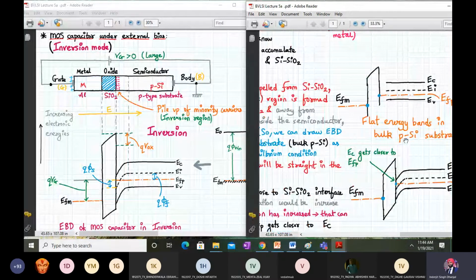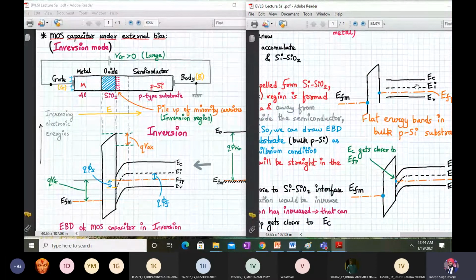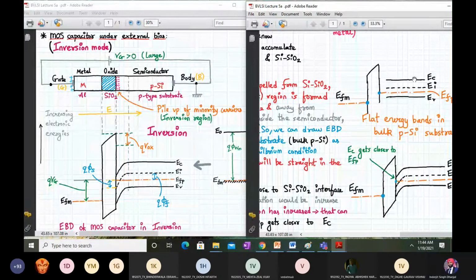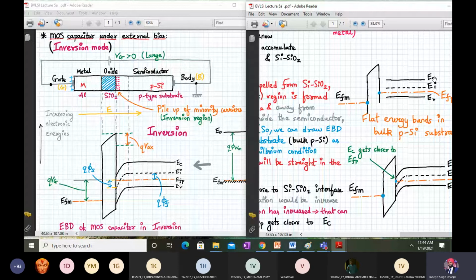So what happens really is, away from the surface, that is bulk, right? The p-type silicon is neutral. That means there is no distribution of charges happening over there, away from the surface.